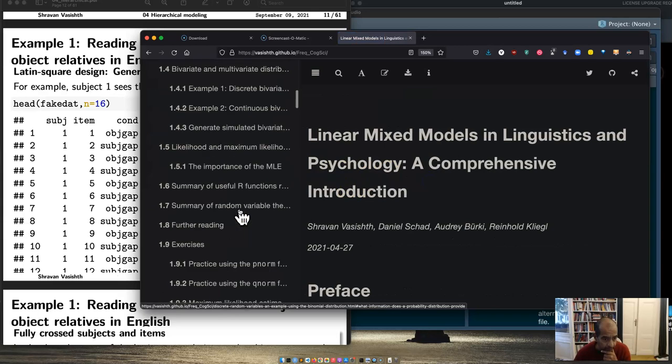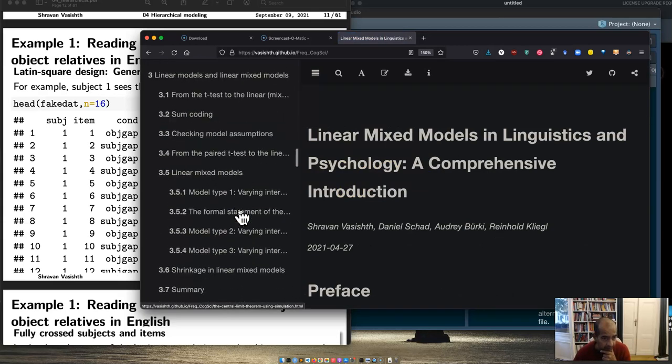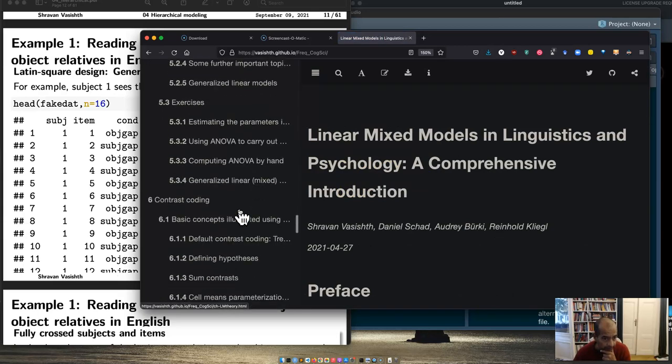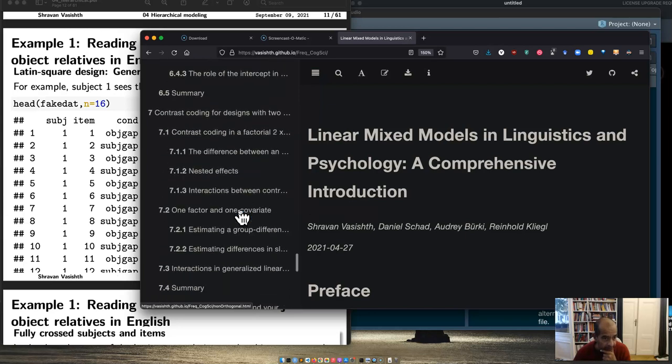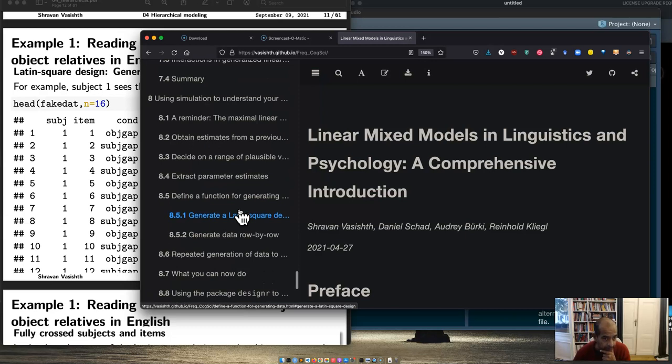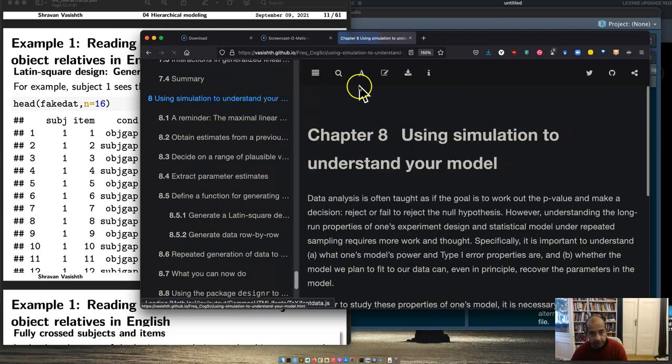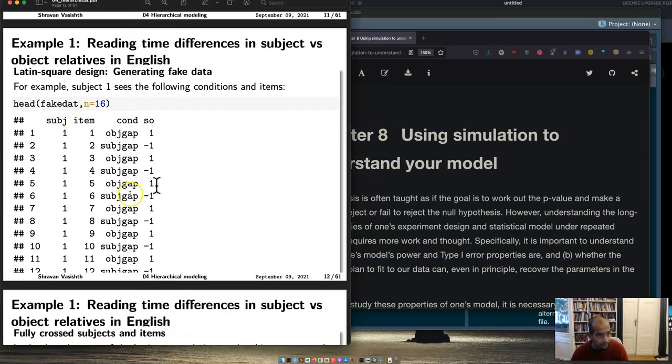In this book I've got a chapter on simulation, using simulation to understand your model. In chapter 8, I show you how to generate simulated data once you have created a data frame like this.